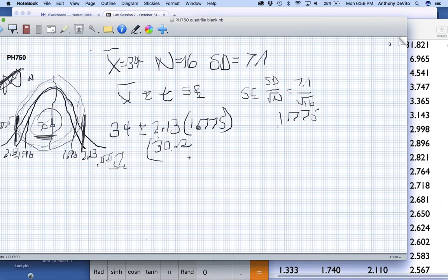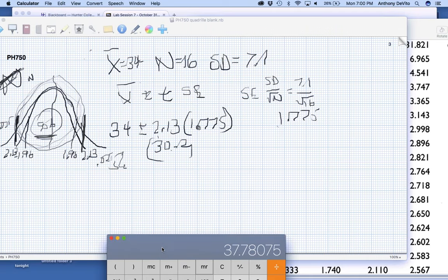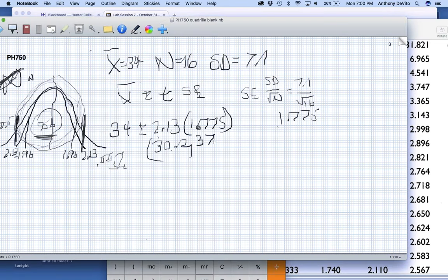30.2, and the upper value is going to be 34 plus our margin of error, 37.78, or 37.8, I'll call it. Okay, there we go. So 30 to 37.8.